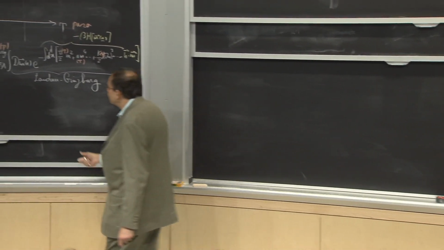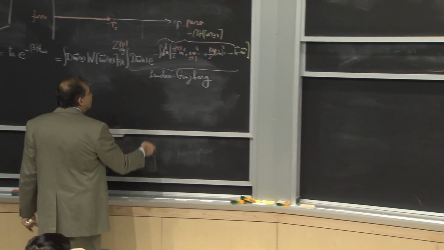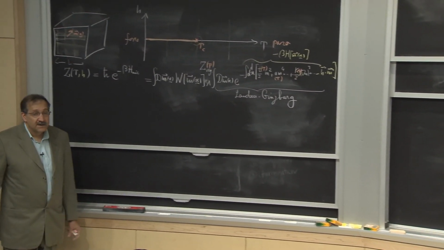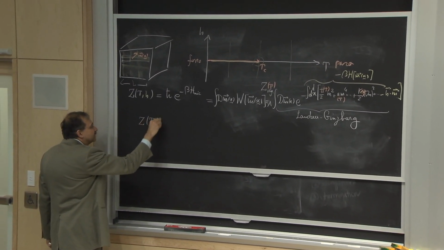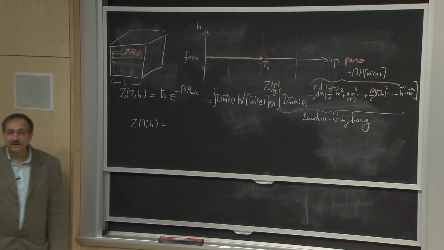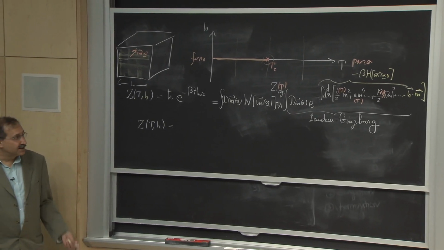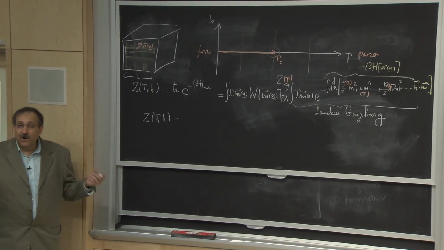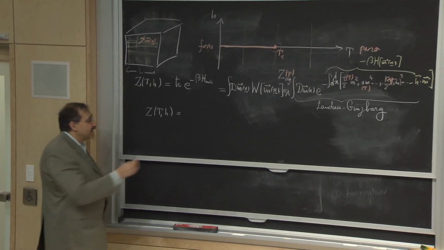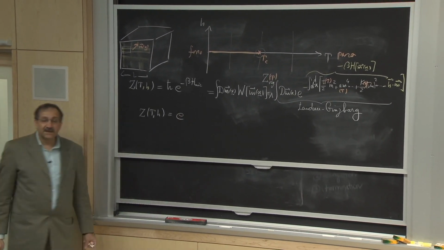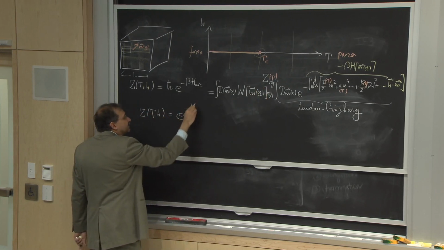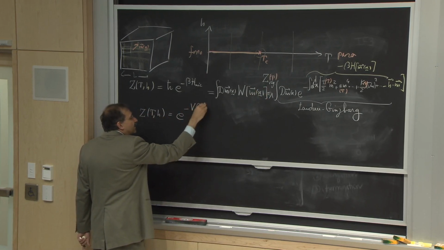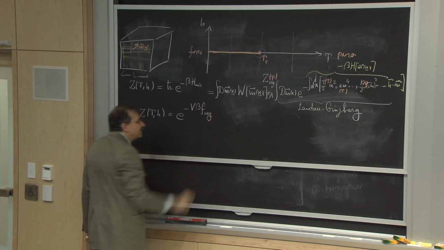Also, because of that, I expect that at the end of the day, this Z of T and h that I calculate will be something that is proportional to volume or something like that in the exponent. That is, I will have something like e to the, from this component, minus V some beta f regular.